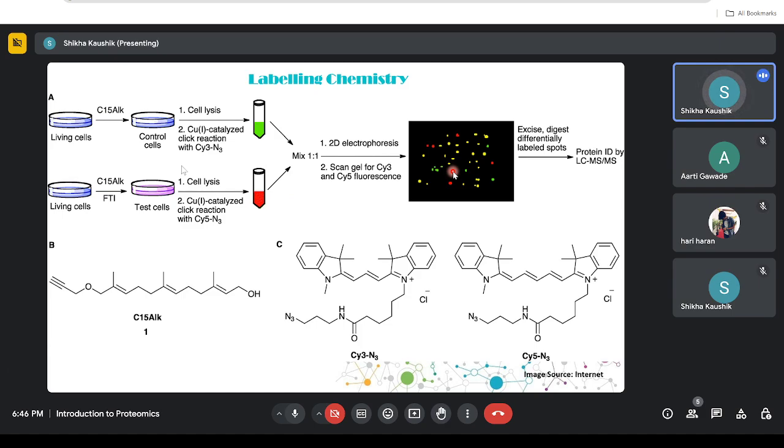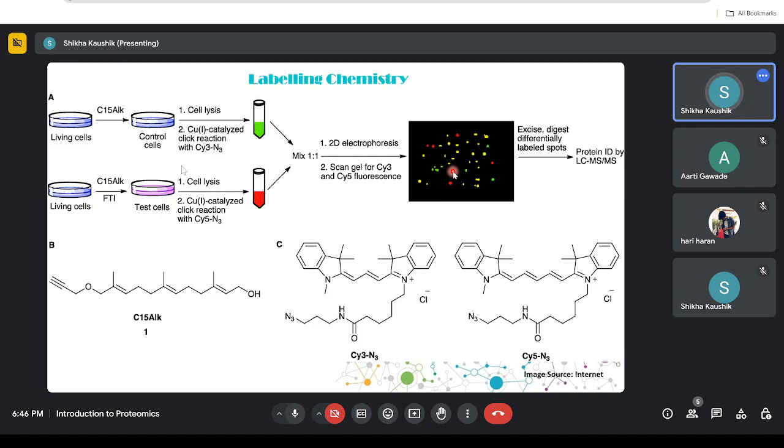The combined ones, because they are present in both, might not be of your interest, but sometimes it is also of interest, because when you're looking for the common proteins, then you may excise that particular gel region as well.